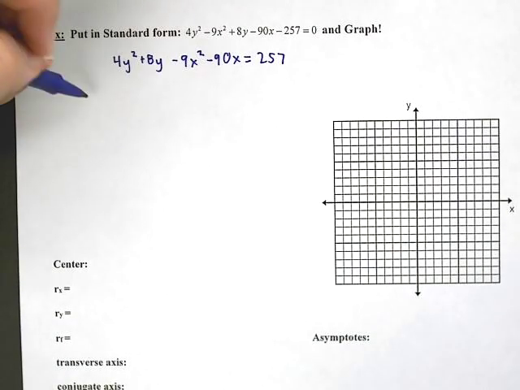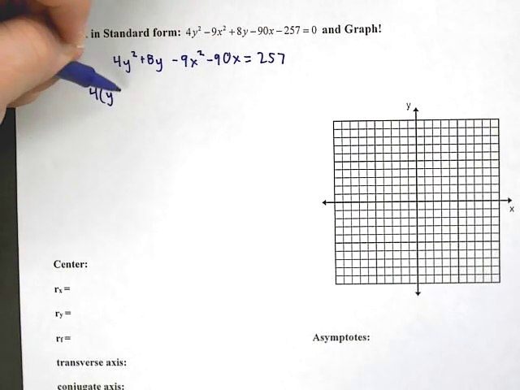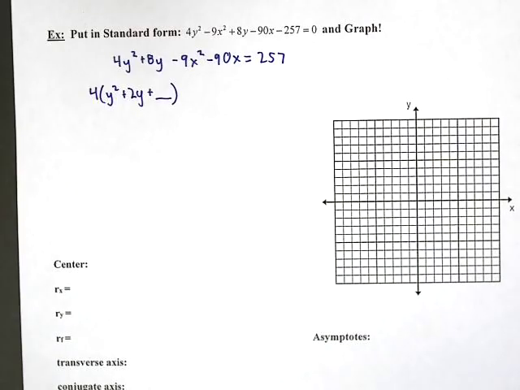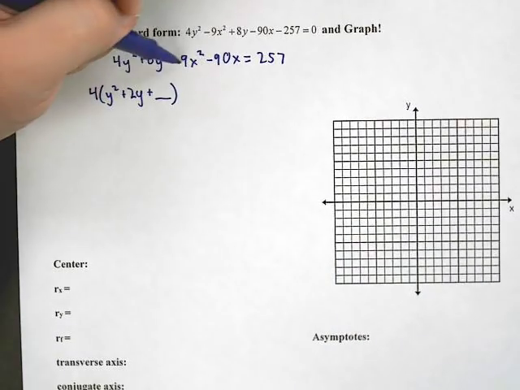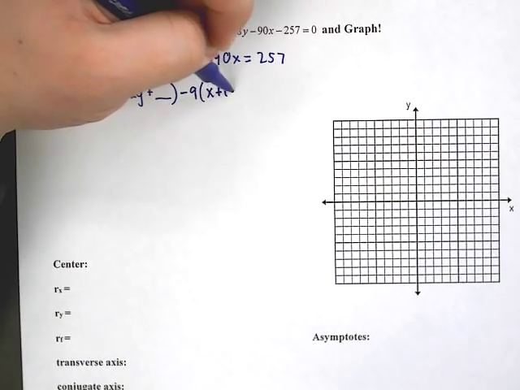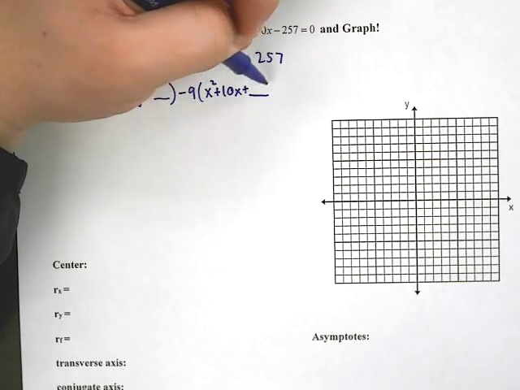Well, I'm going to factor out this 4, which leaves me with y squared plus 2y, and then I'm going to put in a blank. Then I'm going to factor out this negative 9, which should leave me with x squared plus 10x plus a blank.